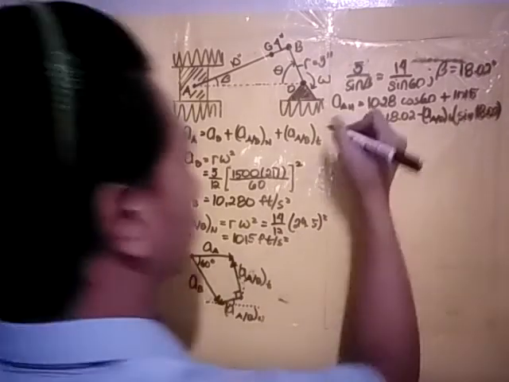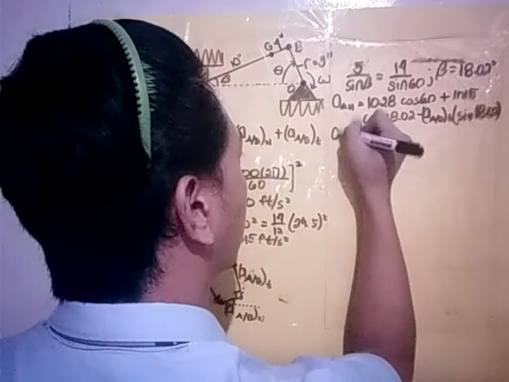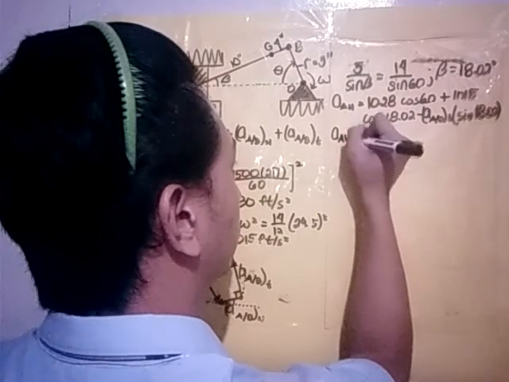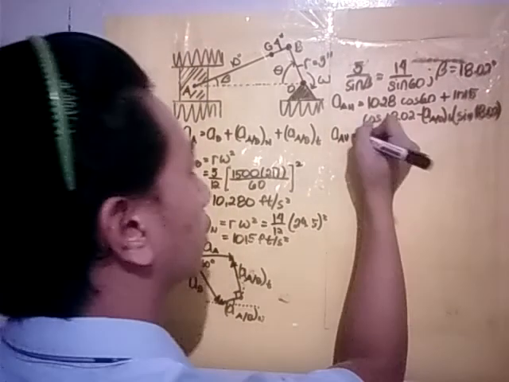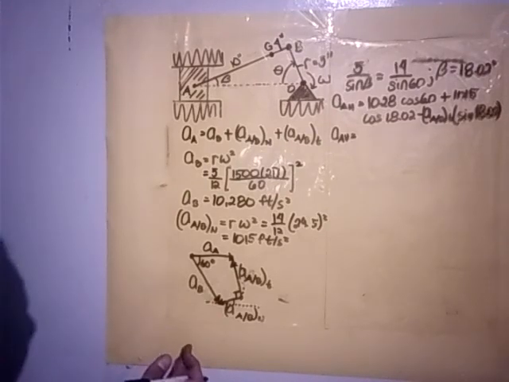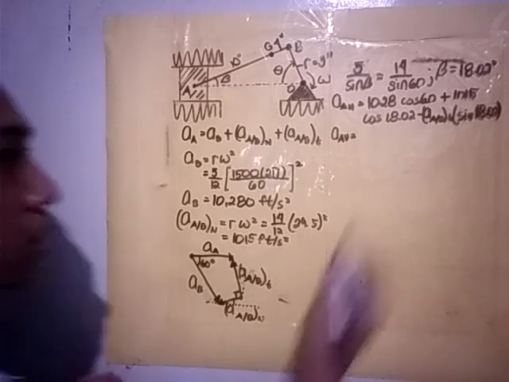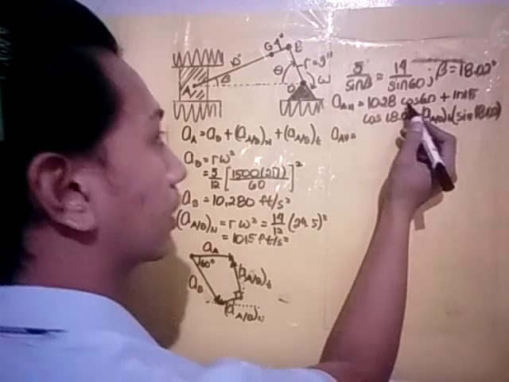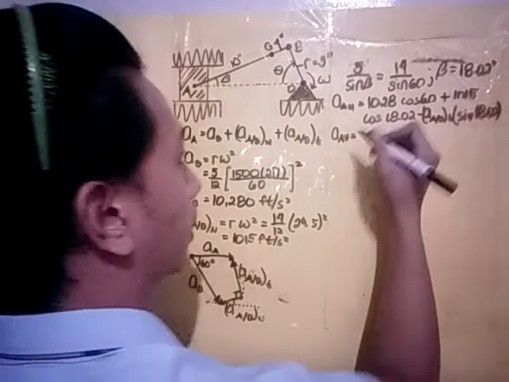So next, our vertical component. So I name it AAV. So it is equal to, if it is vertical, just change the cosine to sine.